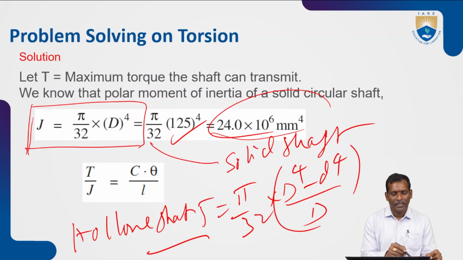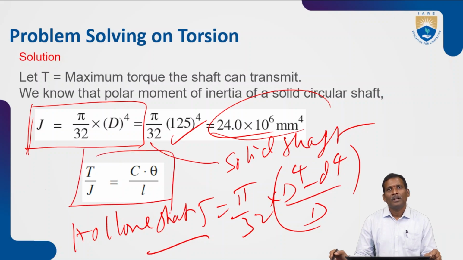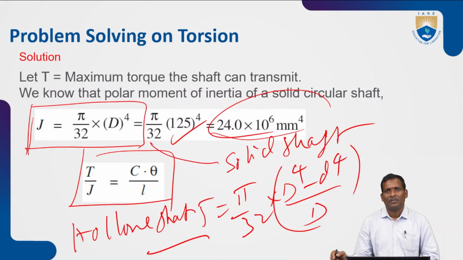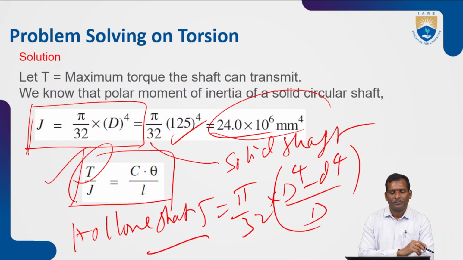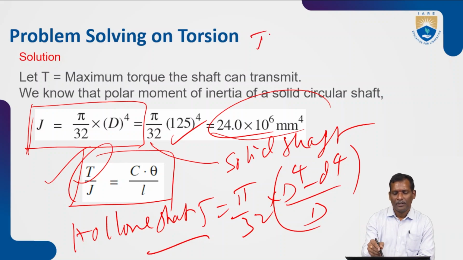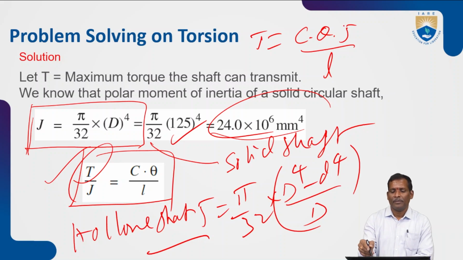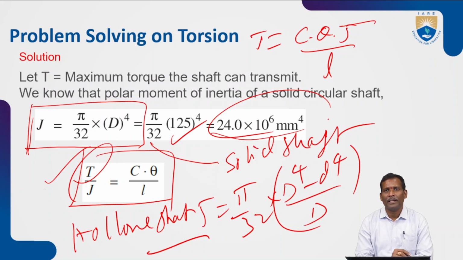So T by J, apply this torsion equation: T by J is equal to C theta by L. So what has he asked? The maximum torque, so we don't know the torque. So you can write this equation as T is equal to C theta into J by L. Modulus of rigidity C you know, theta also given, and J value already calculated for the solid shaft, and length also available.